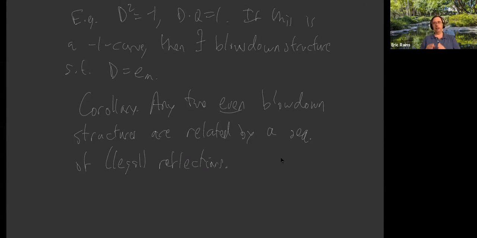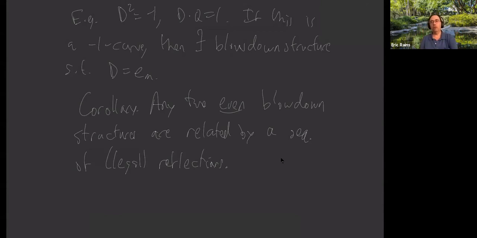Because what we can do is we can take the last exceptional divisor of the one blowdown structure and apply reflections to the other blowdown structure to make the last ones agree, and then induct and make the second to last ones agree, third to last ones, etc. And then eventually, we've blown down these same curves, and so we have to end up with the same ruled surface. And worst case, if it's P1 cross P1, we may have to swap the two rulings. But there's clearly only two blowdown structures on P1 cross P1. So once we've gotten down to a ruled surface, we're done.